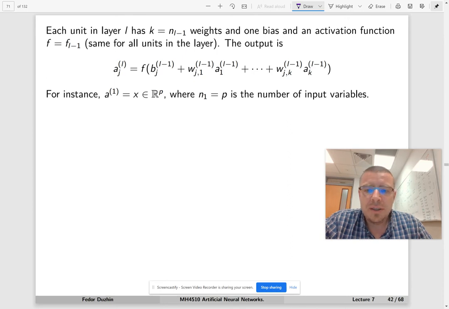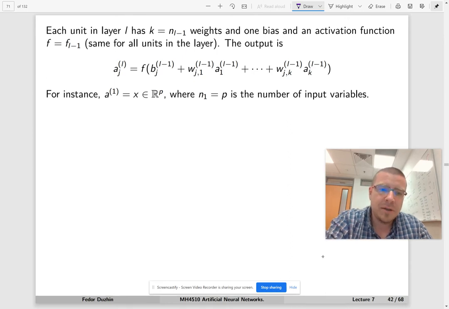So each unit in layer L has some weights, one bias, and an activation function. Now, the number of weights in each unit is the same as the number of units in the previous layer. Right?